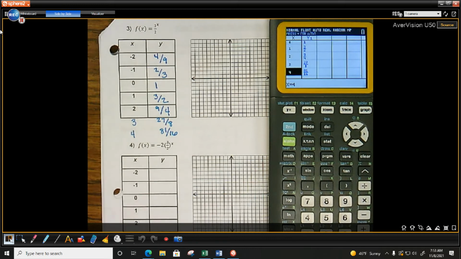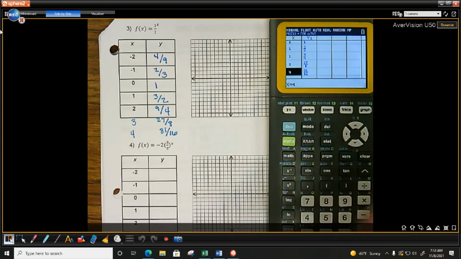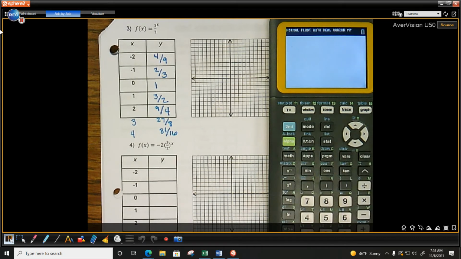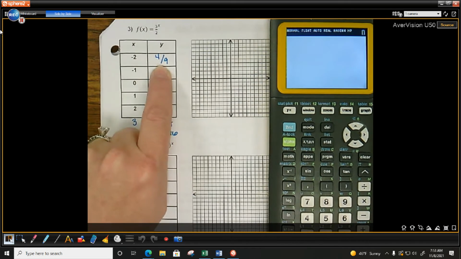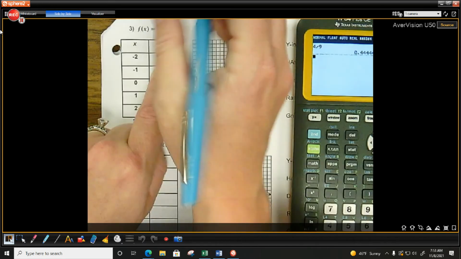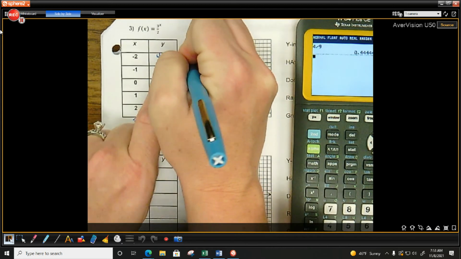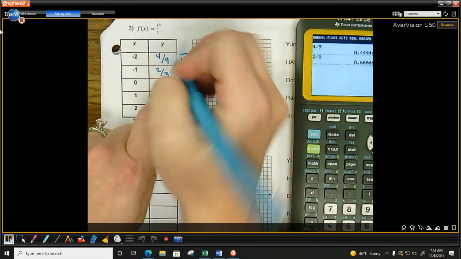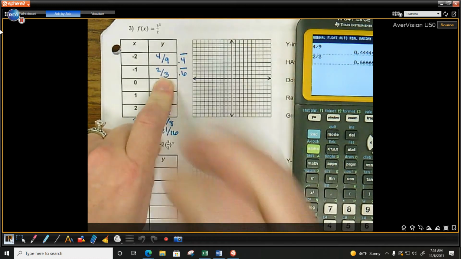So I'm going to get out of this. I want to figure out what that is as a decimal. It's easier for me to graph the decimals instead of a fraction. So 4 divided by 9 is 0.4 repeating. 2 divided by 3 is 0.6 repeating. Whole number, what's 3 divided by 2? 1.5.